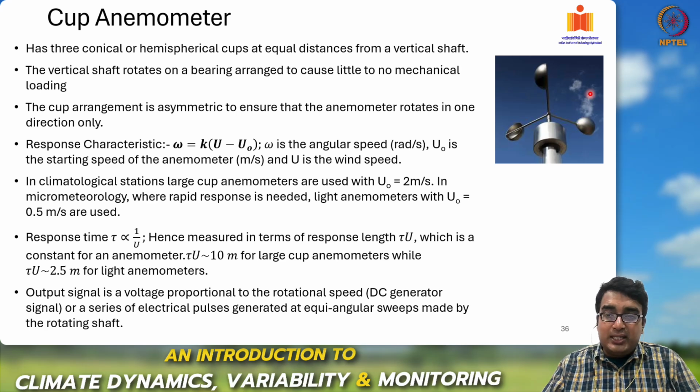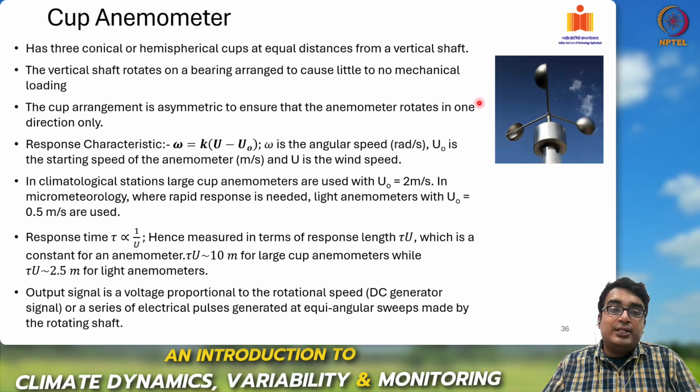As the name suggests, it's made up of three hemispherical cups that are attached at equal distances from a vertical shaft, which is free to rotate. The vertical shaft rotates on a bearing arranged to cause little to no mechanical loading, so that even small wind speeds can keep this shaft rotating.